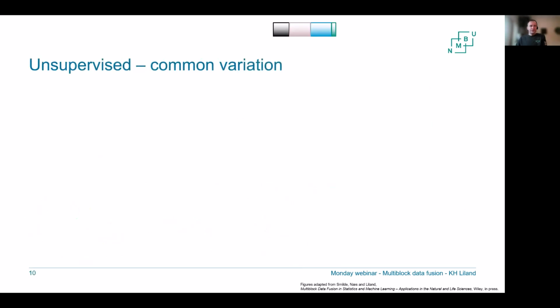So now let's move to one of the methods that I'll be presenting. And the first case is the simplest one that we can see. It's the unsupervised case where we only look at common variation. And this little helping figure up here shows us that we are now looking at the shared sample mode, because that's where I am most comfortable.